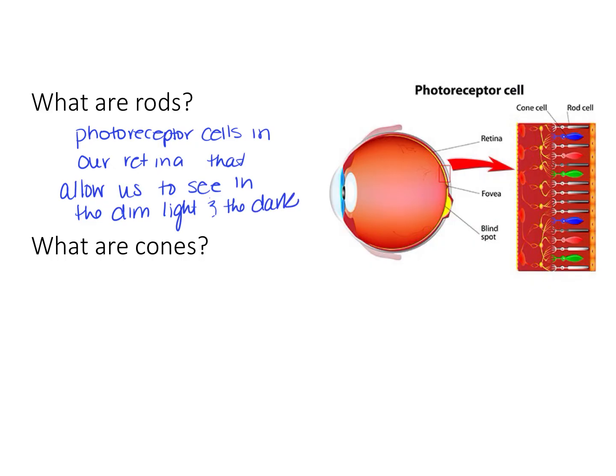We only have one type of rod, but there's approximately 120 million of them within each of our retinas. Rods dominate when there is very little light available at night or in a dark room, when little to no color is visible, and we see mostly blacks, whites, and grays.